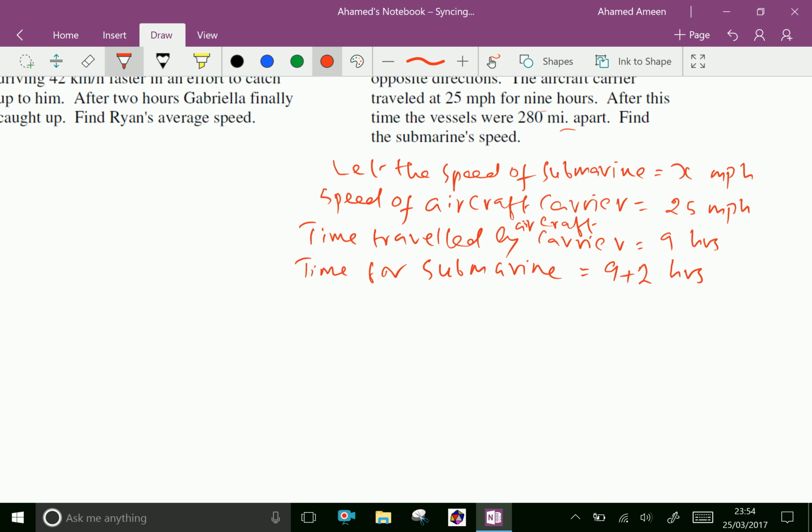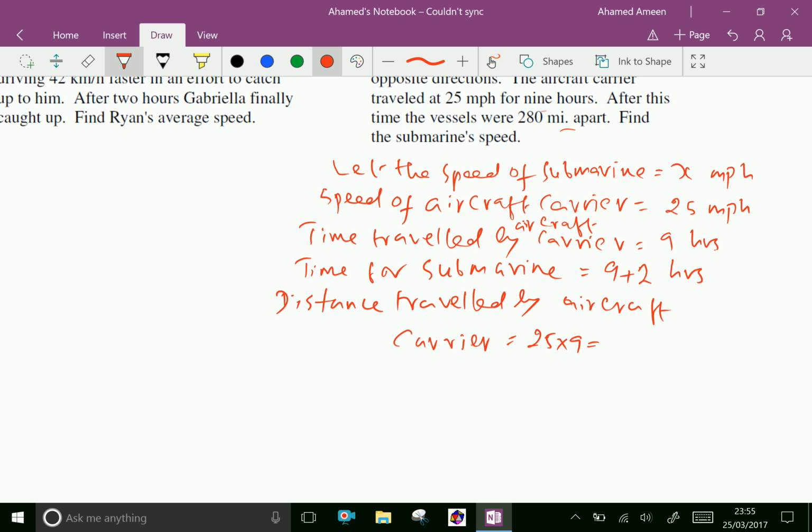Therefore, the submarine and aircraft carrier travel in opposite directions. Therefore, distance traveled by aircraft carrier equal 25 into 9, which is equal to 225 miles.